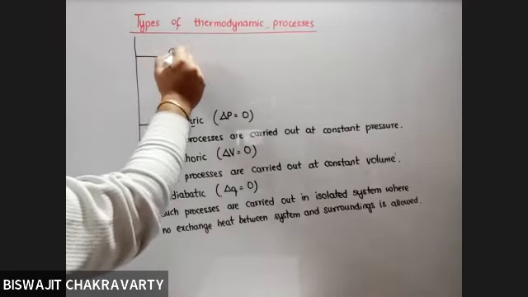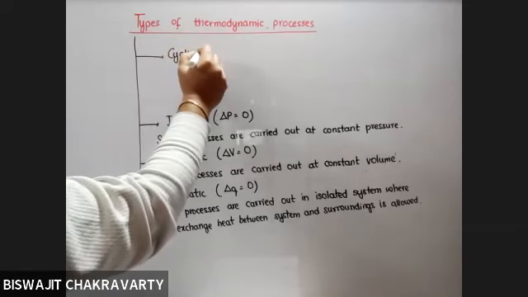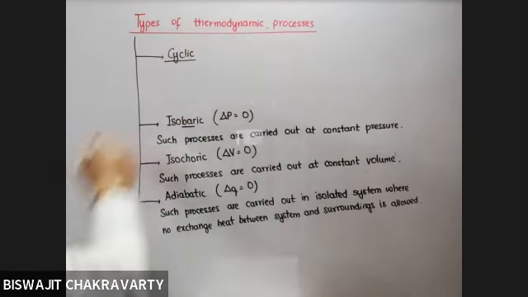One more process you write down, cyclic process. As the name implies, if a process is being carried out in several steps, but ultimately it comes back to the original state, then it is referred to as a cyclic process.